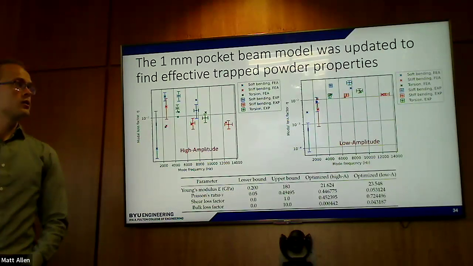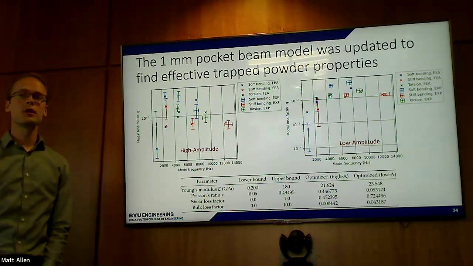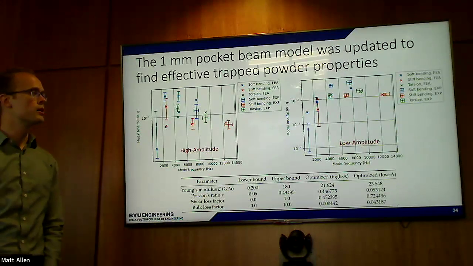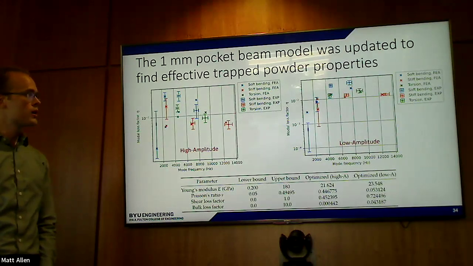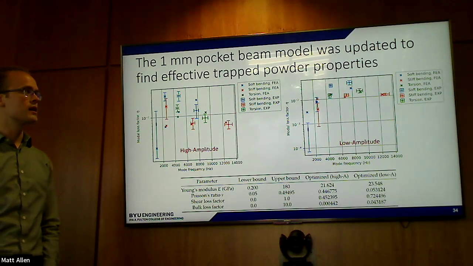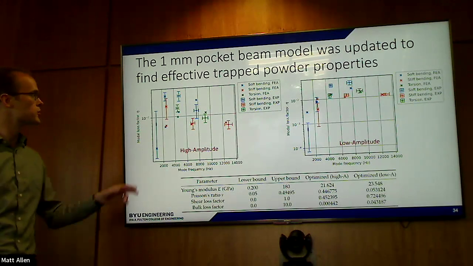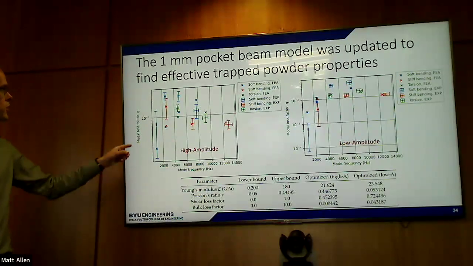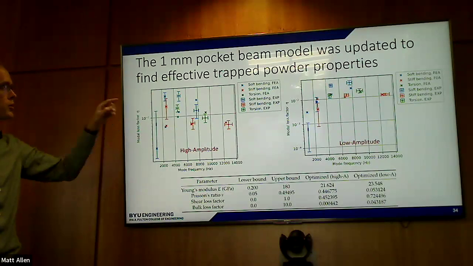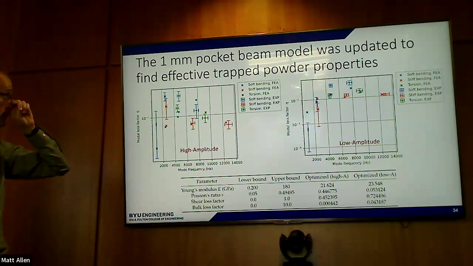So first we trained the model to match as well as we could the damping of the 1 millimeter pocket beam. And we got relatively good agreement, especially in the stiff direction bending and the torsional modes, which is the orange and the green. And there's something interesting going on that I want to point out in the blue, which is the soft direction bending.